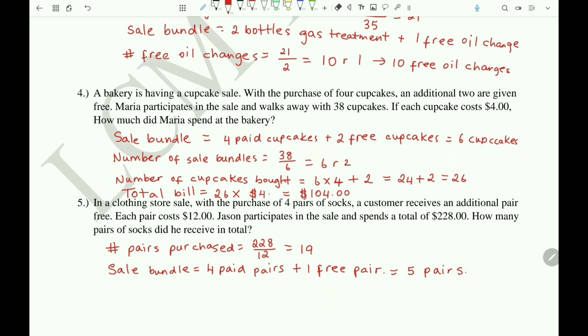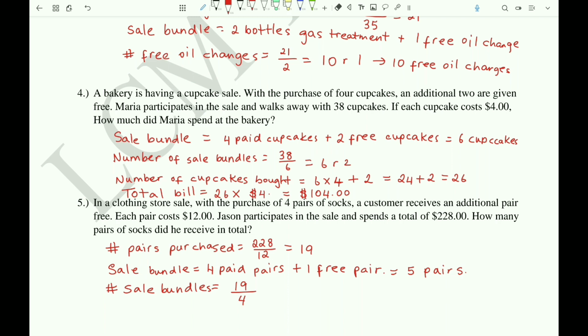Now, the number of sale bundles, we're not going to divide 19 by 5 this time, because the 19 actually comes from only the pairs that Jason would have purchased, right? So the number of sale bundles would now be 19 divided by the number of paid pairs of socks, which is 4 pairs in the sale bundle, right?